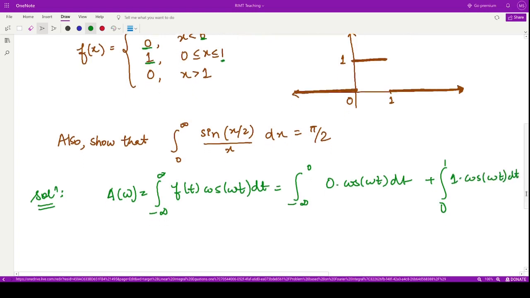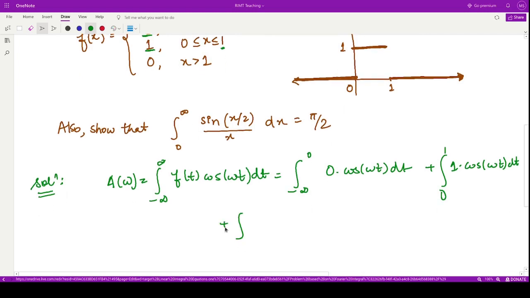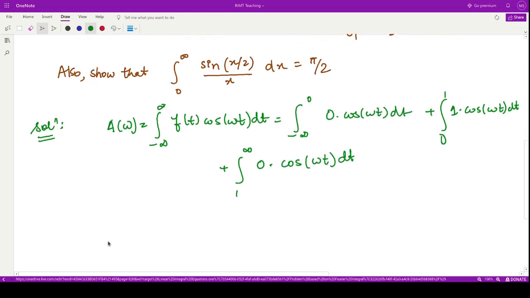For the third, from 1 to infinity, the function's value is again 0. So A(omega) becomes the integral from 0 to 1 of cos omega t dt.